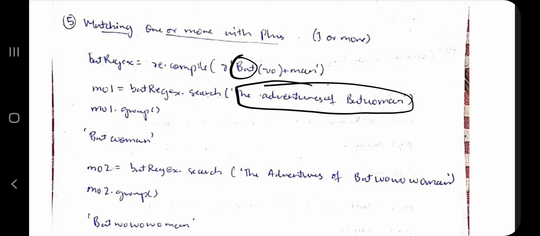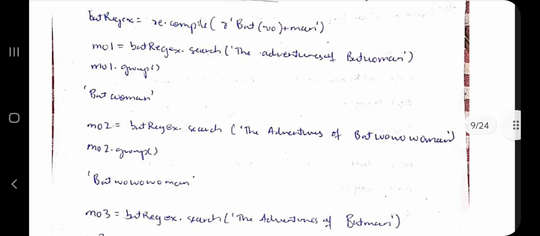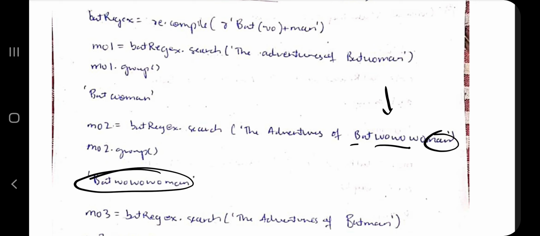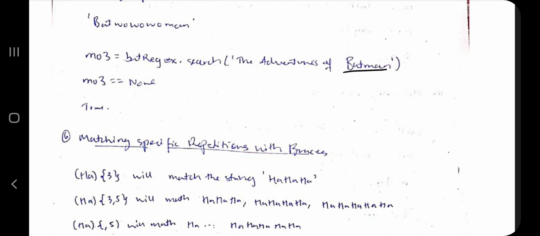So, I have written here bat, WO repeated at least once or more, and then man. This will output Batwoman since WO is repeated once here, and if I pass the word bat followed by 3 times WO and man, that will be printed here, because at least one should be there and it is present. Okay. But if I pass Batman, here WO is not present at least one time.